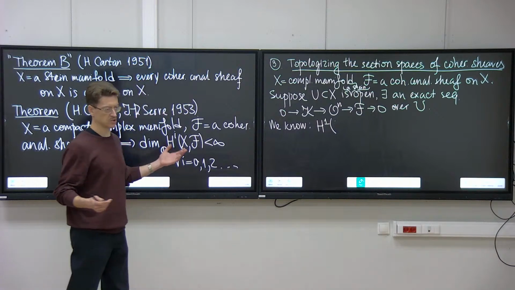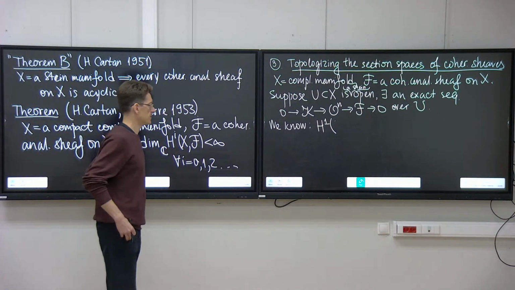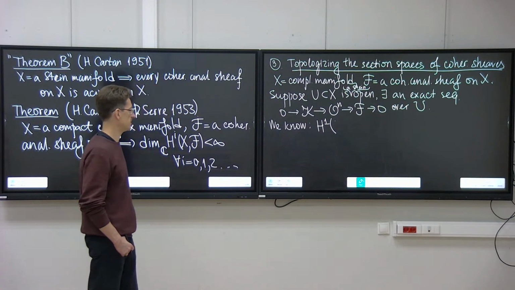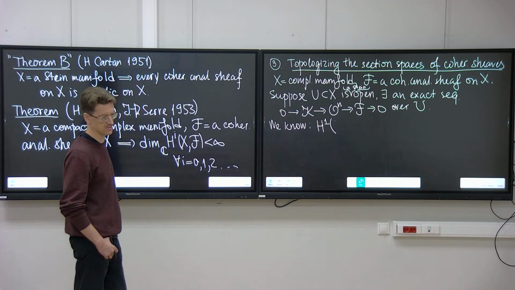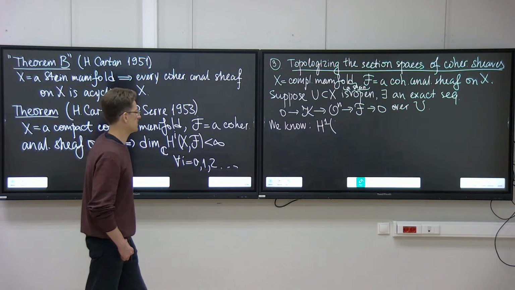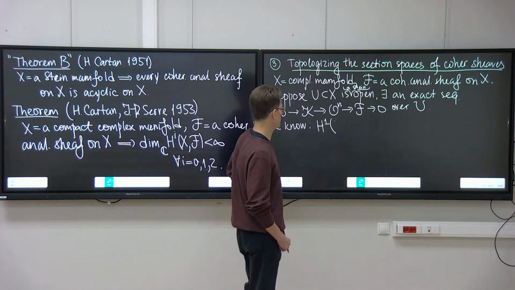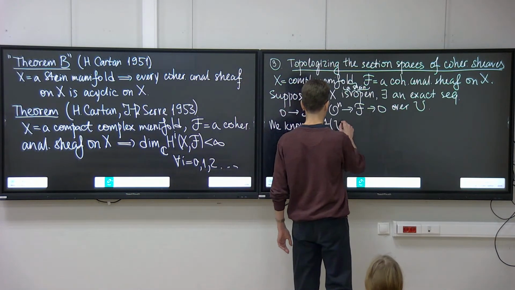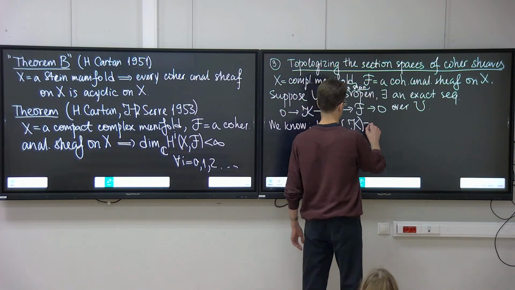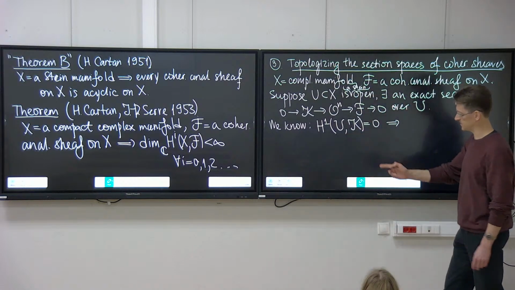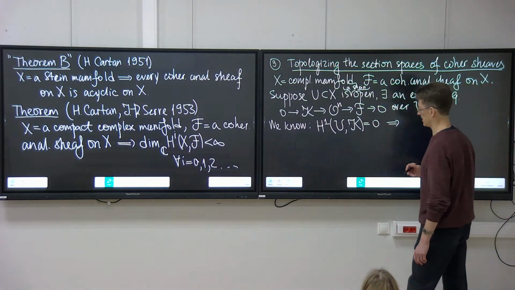We can always assume that U is Stein because a polydisk is a Stein manifold, and every open subset of X can be covered by open sets holomorphically equivalent to a polydisk. So, without loss of generality, we may assume that U is a Stein open set. Since it is a Stein set, we see that the first cohomology of K vanishes. This is 0. And so, as a result, the sequence of section spaces is exact.